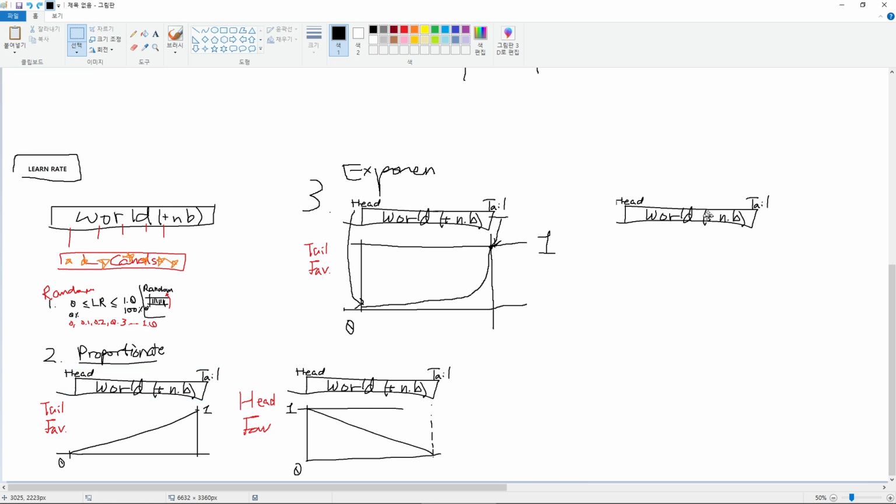Another one for this would be the head favored, which is where the head entity would have the highest learn rate, and the tail entity would have the lowest learn rate. So at 1.0 or 100%, the head entity will have the highest learn rate.